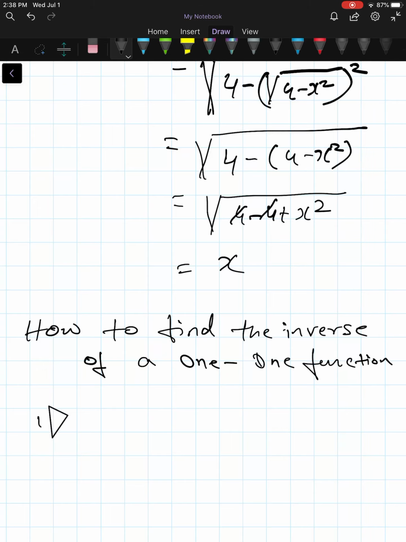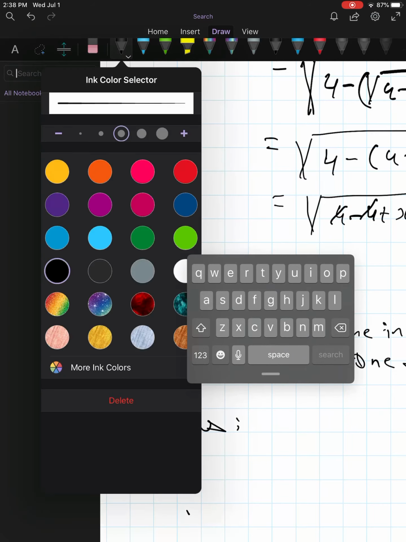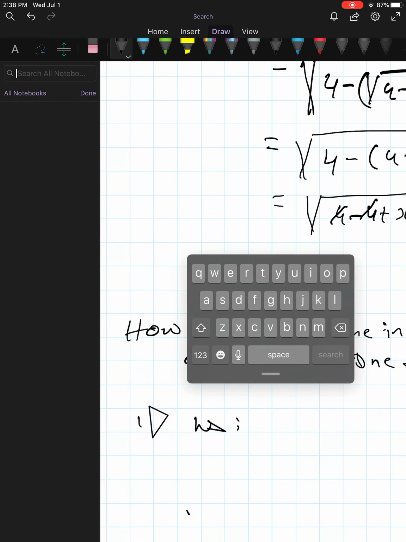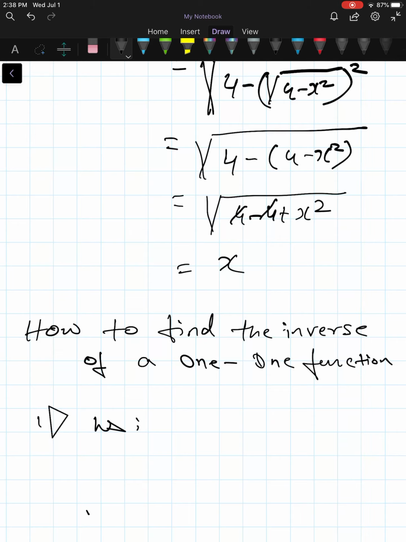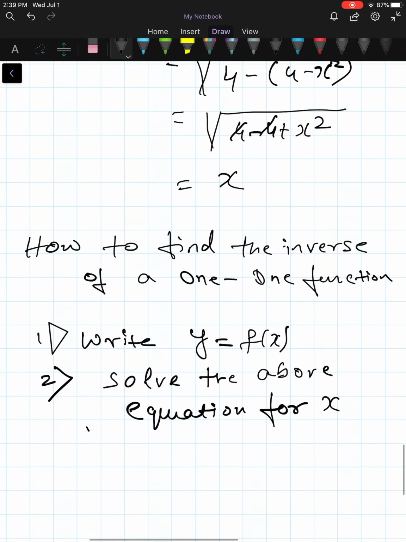First one, write y is equal to f of x. Second, solve the above equation for x in terms of y.